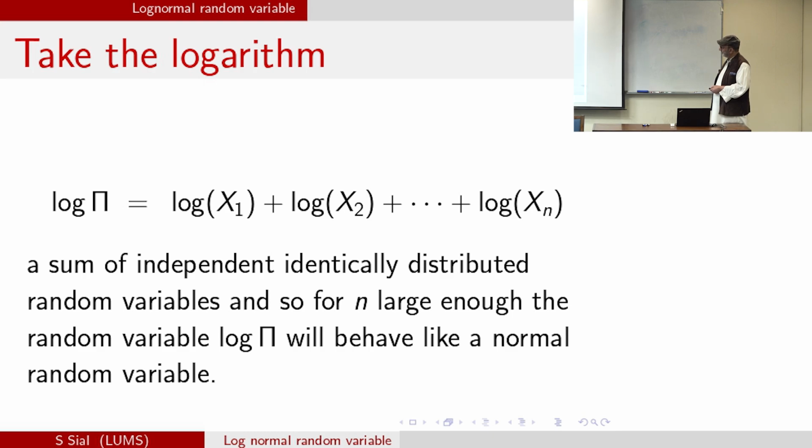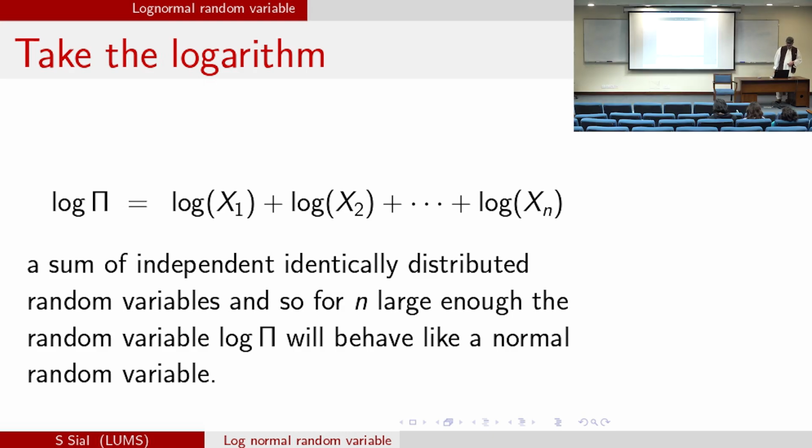So I've got a sum of independent, identically distributed random variables. And if this sum has enough terms in it, how should it behave? It should behave like a normal distribution by the central limit theorem that we discussed the last time.